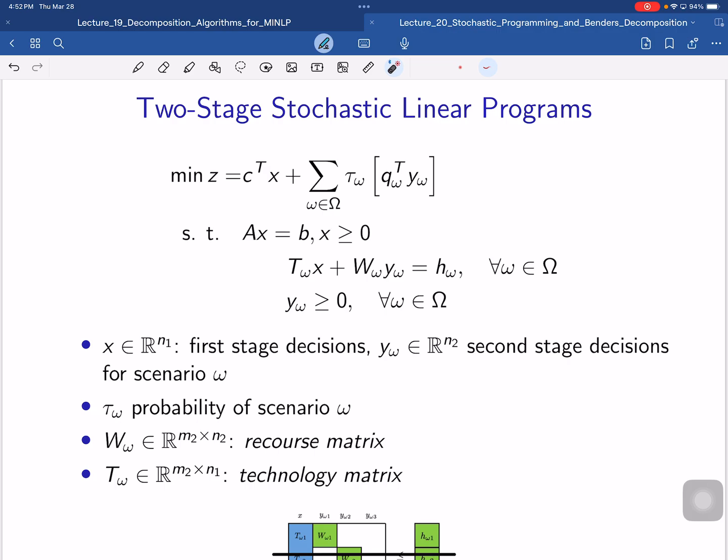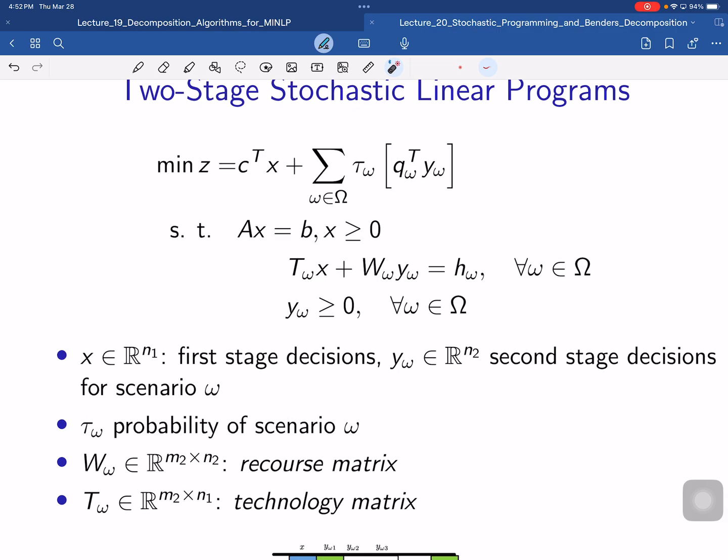If you assume all the variables are continuous, maybe you have some constraints on the first-stage decision. In the newsvendor problem, those linear constraints say the number of newspapers you buy is between 0 and u. That's the first-stage constraint.